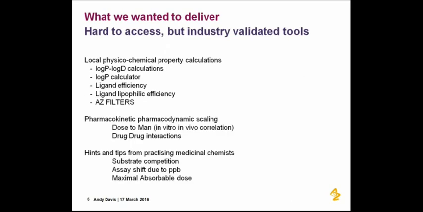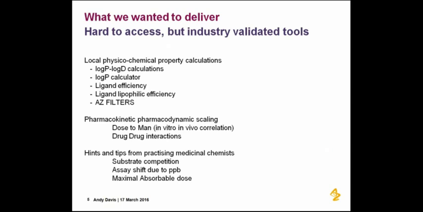chemistry-enabled predictive methods. So this is what we wanted to deliver: some local calculations of physicochemical properties, log P, ligand lipophilicity efficiency, and also include some of the things that AstraZeneca has published on ugly filters. So we wanted those to be available, and that needed this chemistry toolkit.